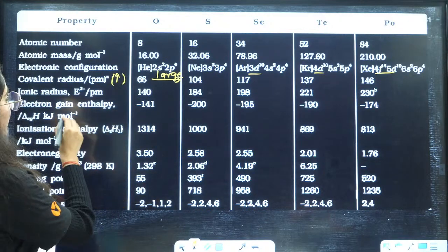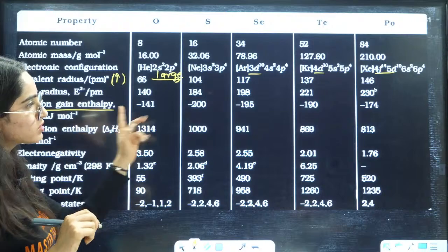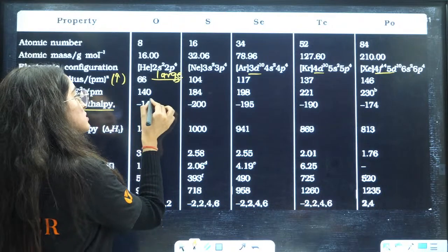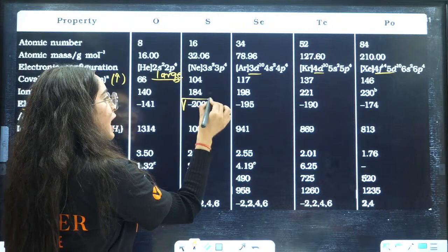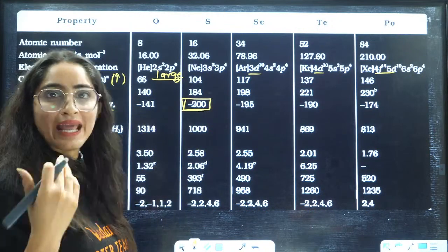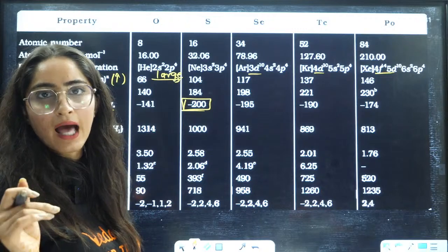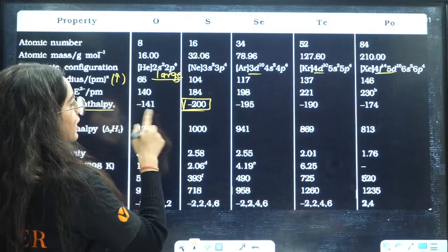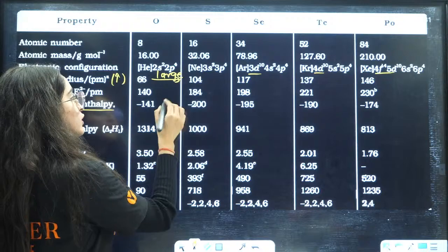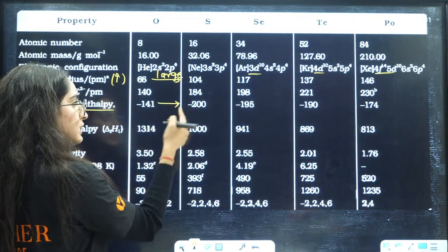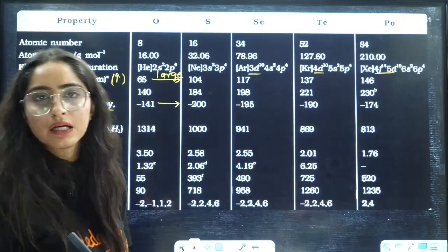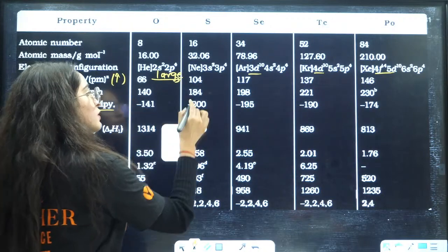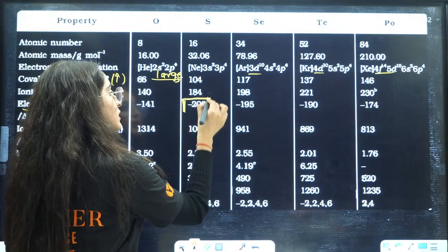Then electron gain enthalpy: this is -141. Sulfur has the maximum negative electron gain enthalpy compared to the others. The negativity first increases, then further decreases, so sulfur is the highlighted point here.